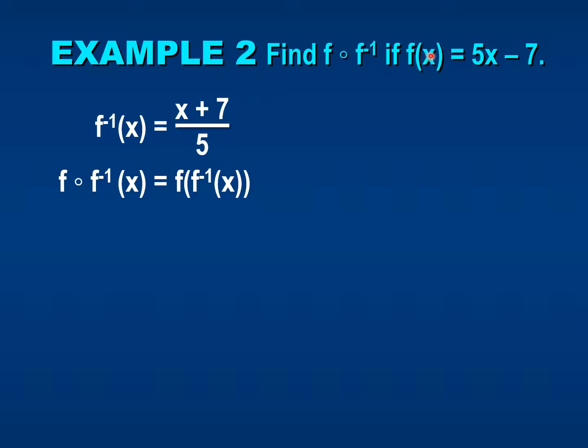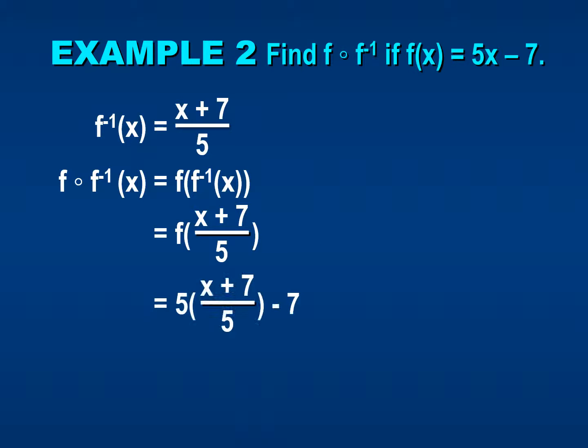So instead of saying 5x minus 7, I'm going to say 5 times f inverse minus 7. And f inverse is x plus 7 divided by 5.